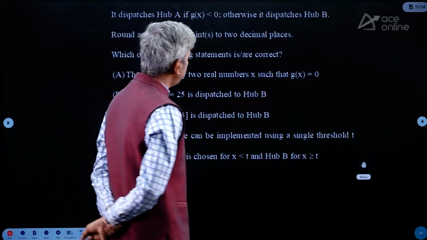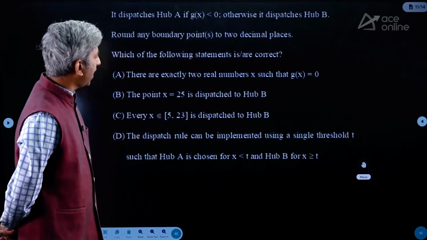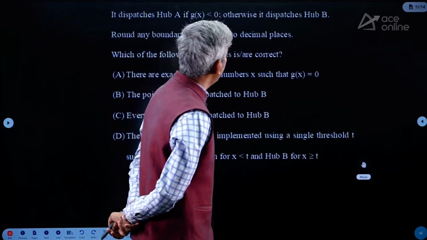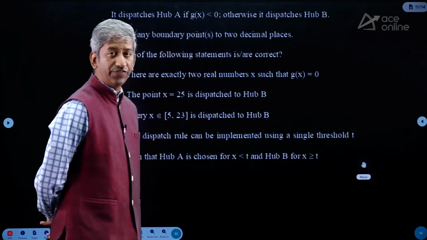Which of the following statements are correct? Option A: there are exactly 2 real numbers x such that g of x is equal to 0.